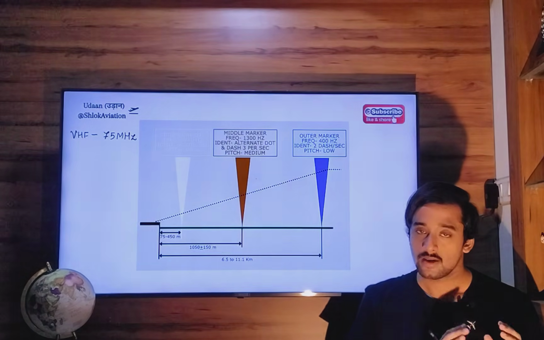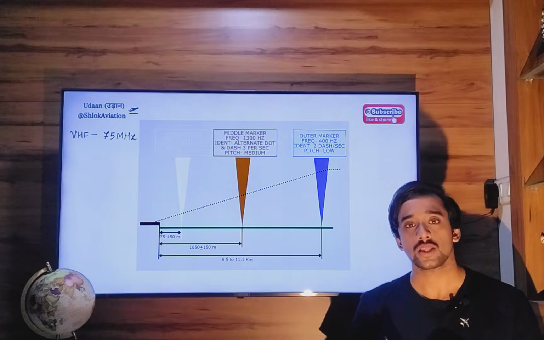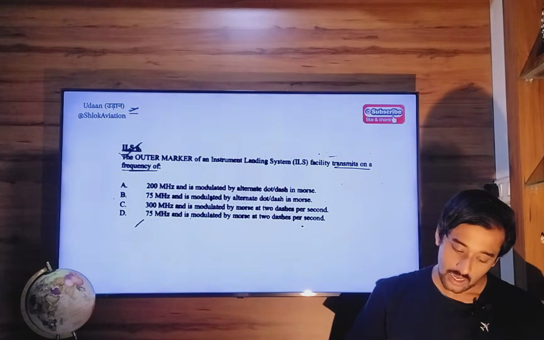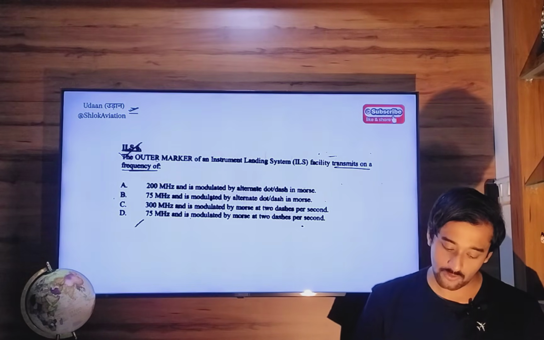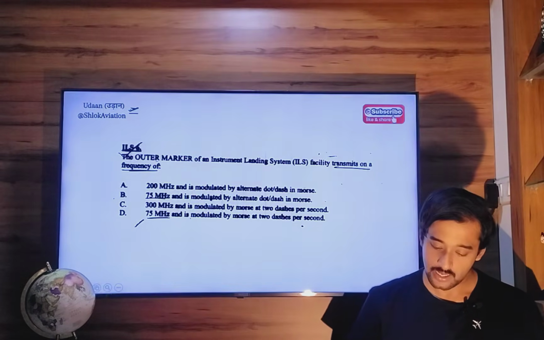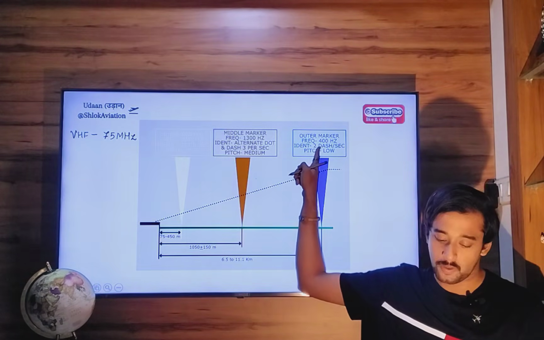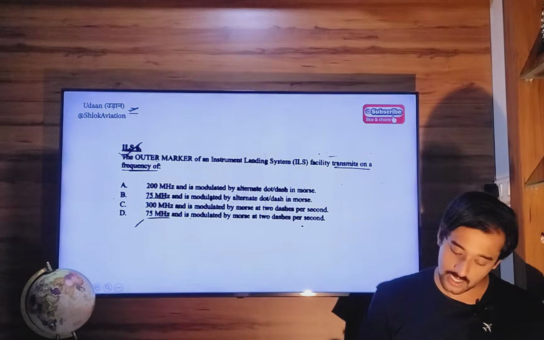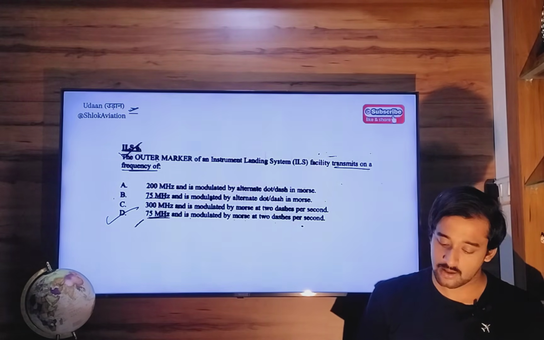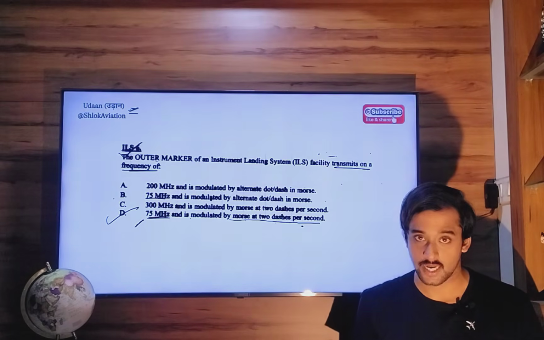Outer marker 400 hertz, middle marker 1300, inner marker 3000 hertz, right? So the outer marker transmits on a frequency of 75 megahertz and it's modulated by continuous dashes, 2 per second. So the correct answer is option Delta: 75 megahertz and a Morse code of 2 dashes per second.